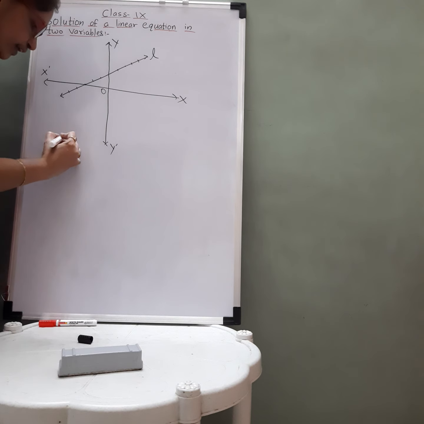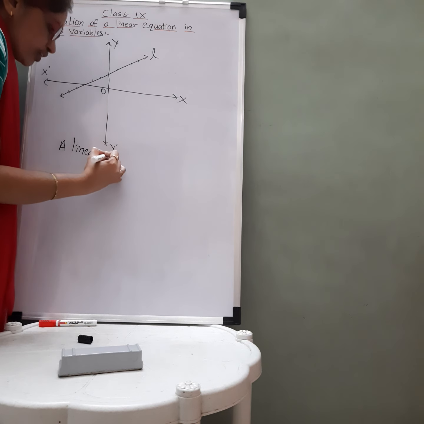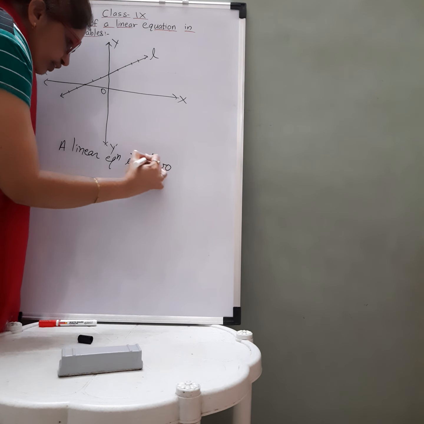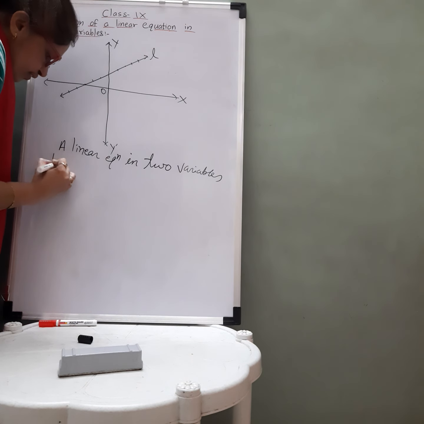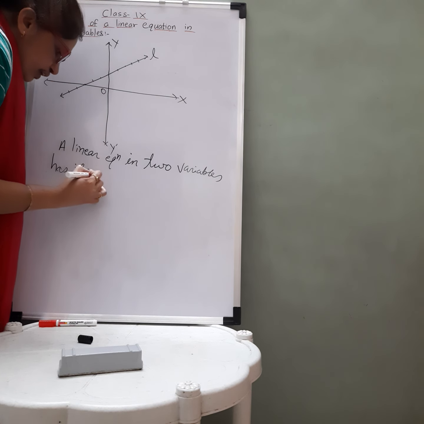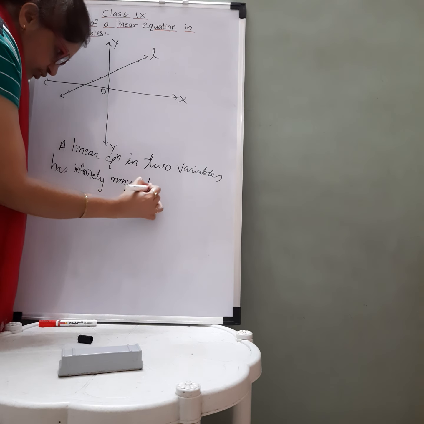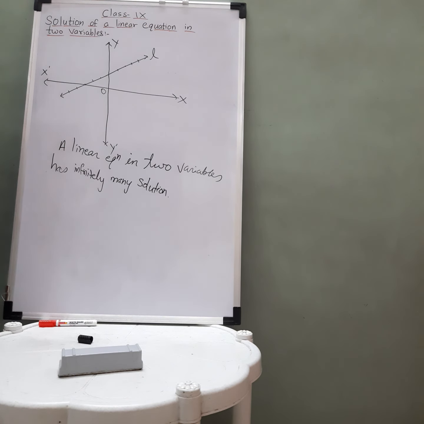Thus we can say that a linear equation in two variables has infinitely many solutions. I think all are clear. And in the previous class we learned that a linear equation in one variable has a unique solution.